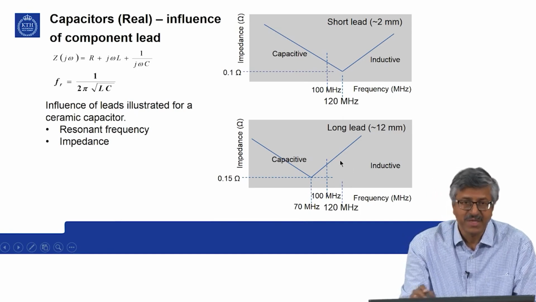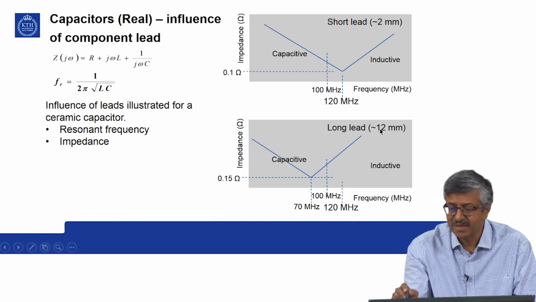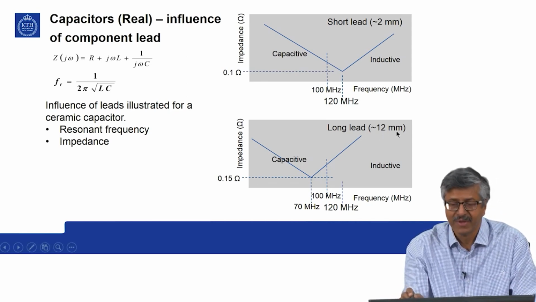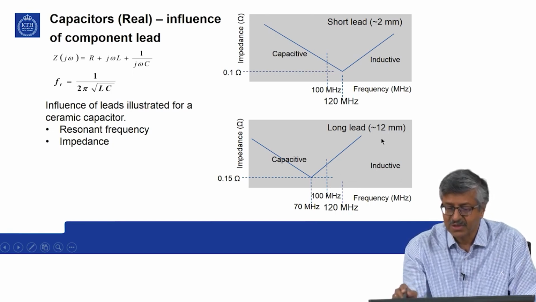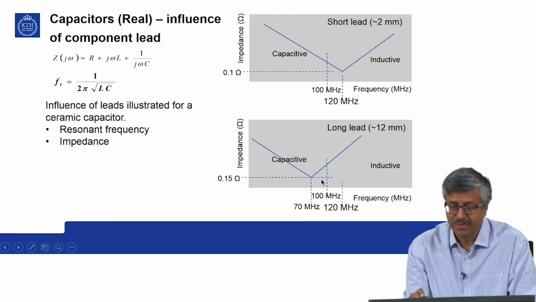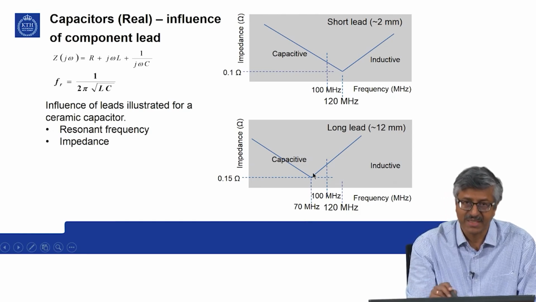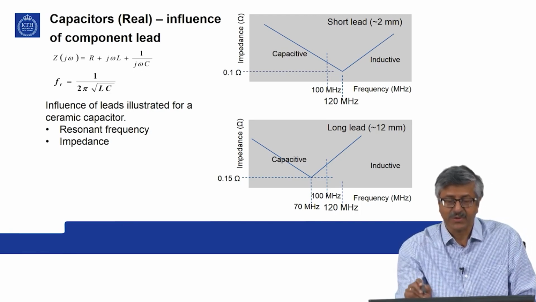Whereas, another person taking the same component for the same application may have a long lead, and then the resonant frequency will be lower because parasitic inductance is now larger, and resistance is also larger.